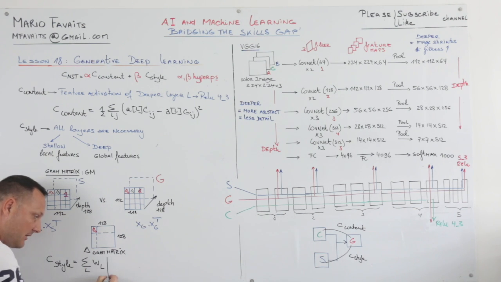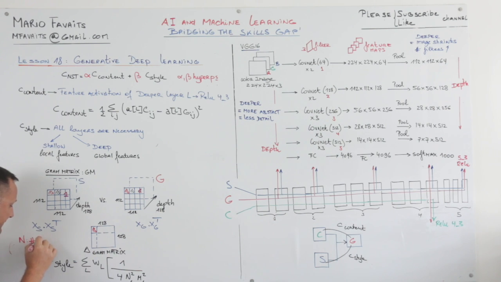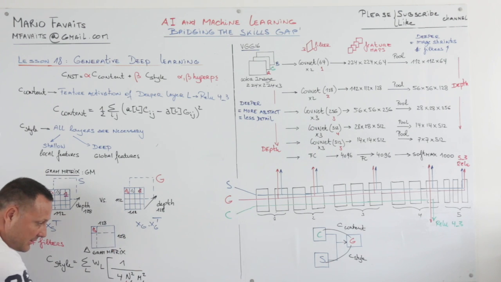And then we're going to open the brackets and have 1 divided by 4 times N squared M squared for layer L. And capital N is the number of filters, in our case 128. And M squared, M is the size of the activation maps, so these are these two. So M in our case is 112.